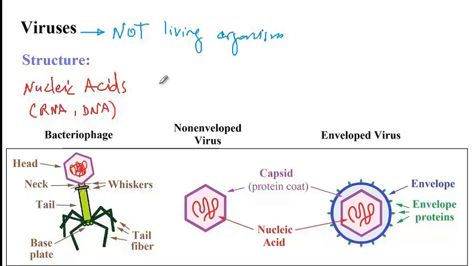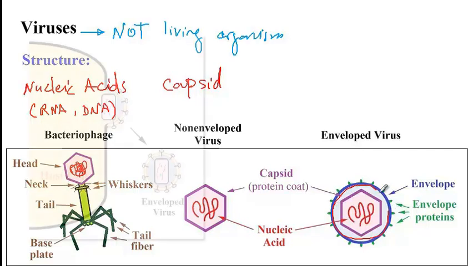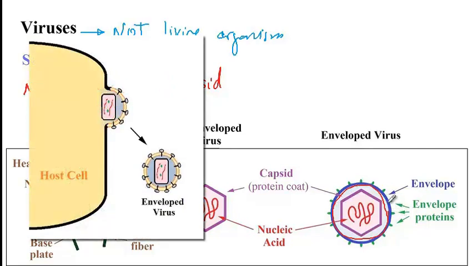The next structure that you will find in these viruses is called capsid, which is a protein sheet that will protect the nucleic acids. And then sometimes the capsid itself could be enveloped by a membrane. And this membrane, or envelope, as you can see here, is derived from the host cell.